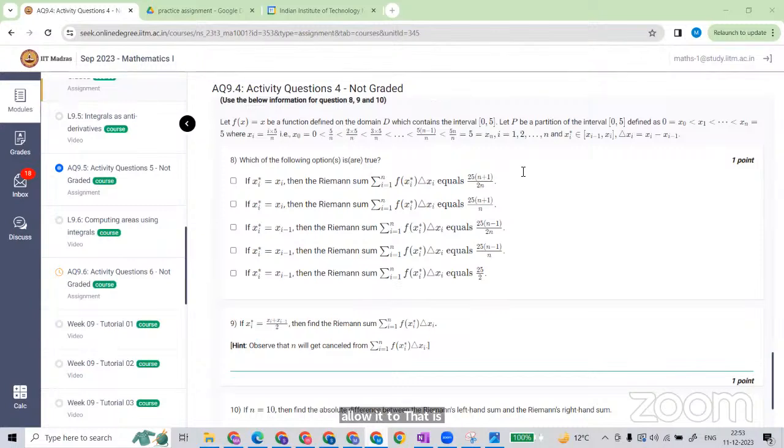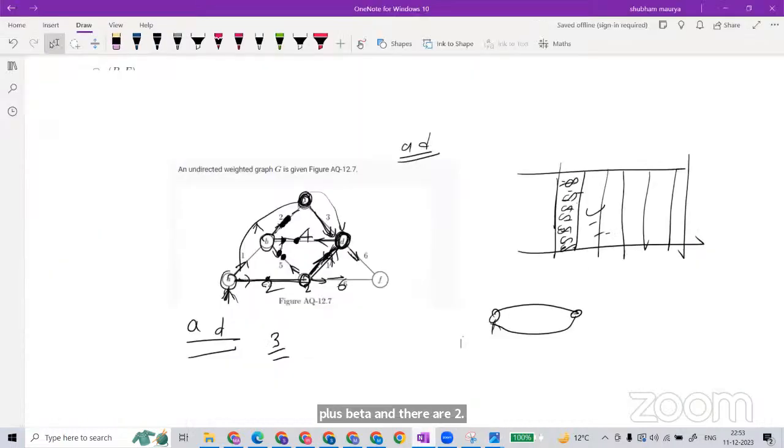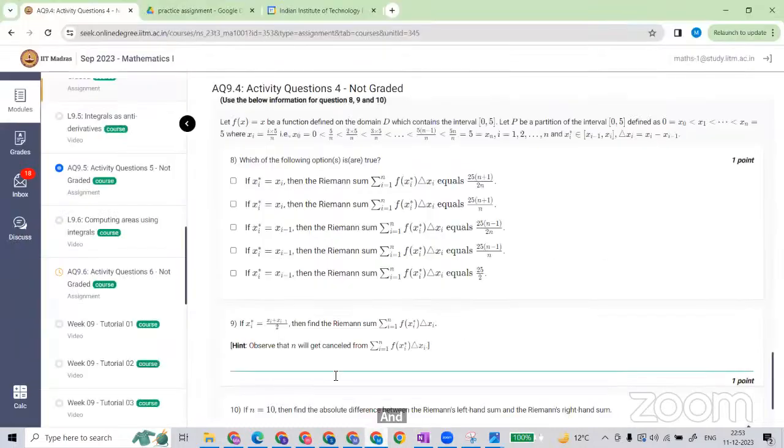So what is the question? Can you tell me what the question is? It's a matrix question, like let A squared equal to something times A. What will be the value of 2 alpha plus beta? And there are two matrices. It's like a picture. Is this from the activity? It's from a last year question paper.